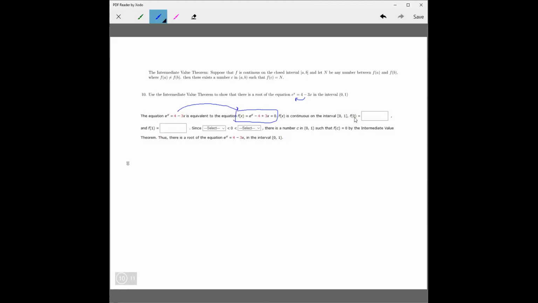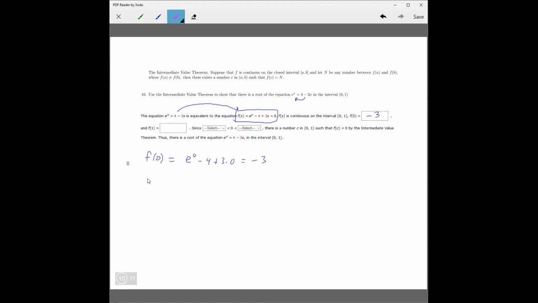Now f of the left endpoint, 0: you plug a 0 into here, then you get e to the 0 minus 4 plus 3 times 0. That's 1 minus 4, that's negative 3, right? That's negative 3.